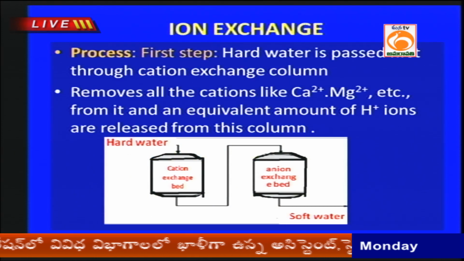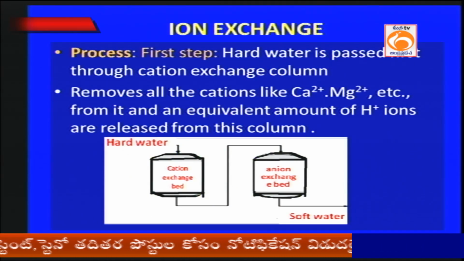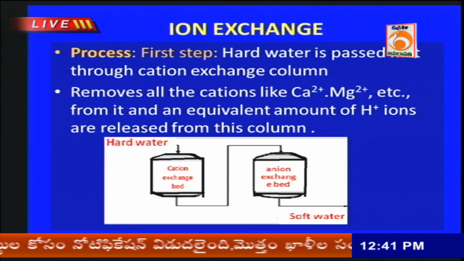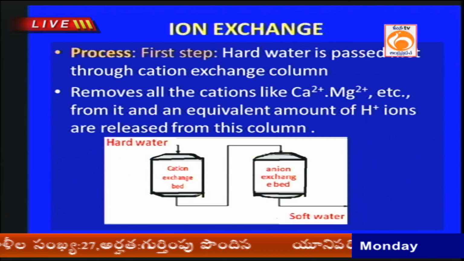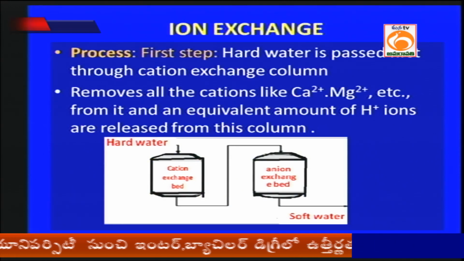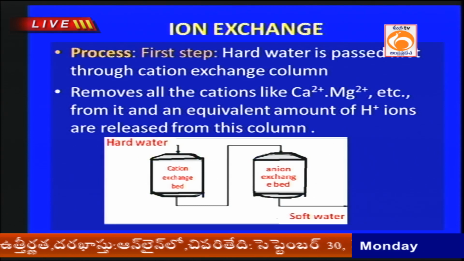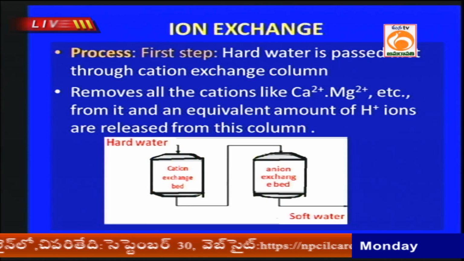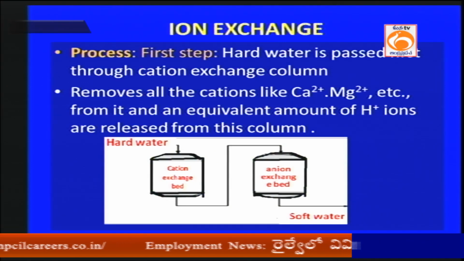That water is passed through the anion exchange resin, where the chloride and sulphate ions in the hard water are exchanged with the OH minus of the anion exchange resin. That OH minus comes out, and the H plus ions have already come out from the cation exchange resin. These two combine and give water, that is, soft water. This is the process of ion exchange, and in this we get soft water.